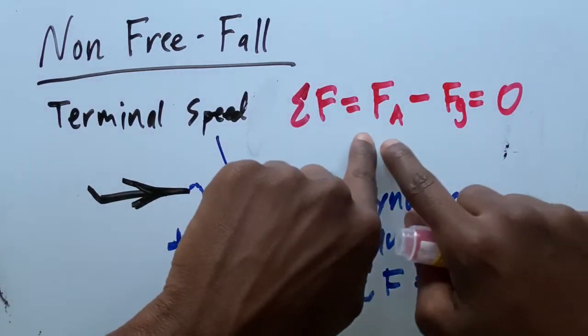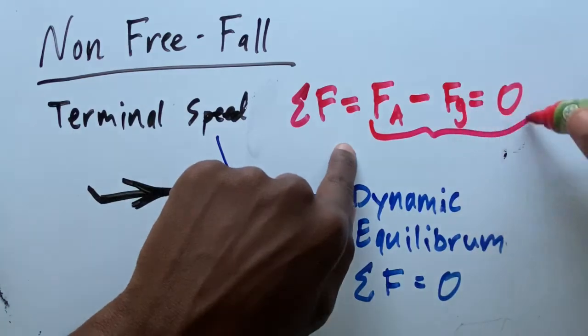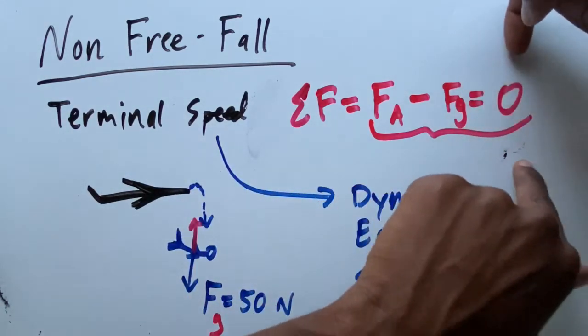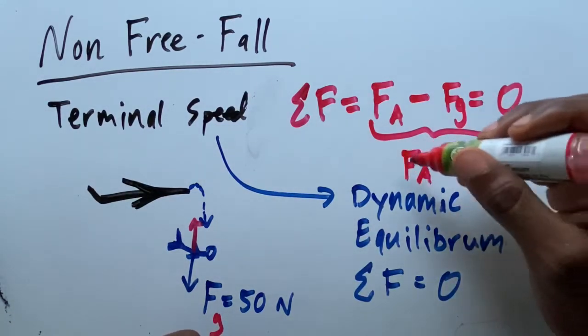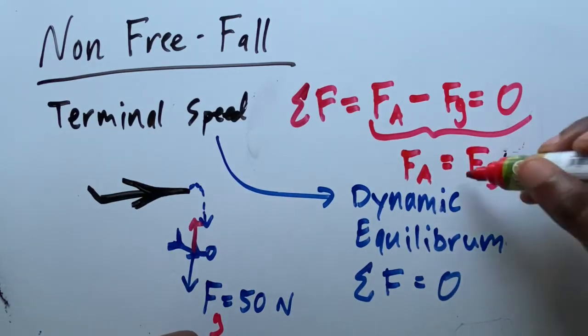So then if I just look at this part of the equation, I can actually add over the force of gravity to this side, and we see that the force of the air is going to equal the force of gravity.